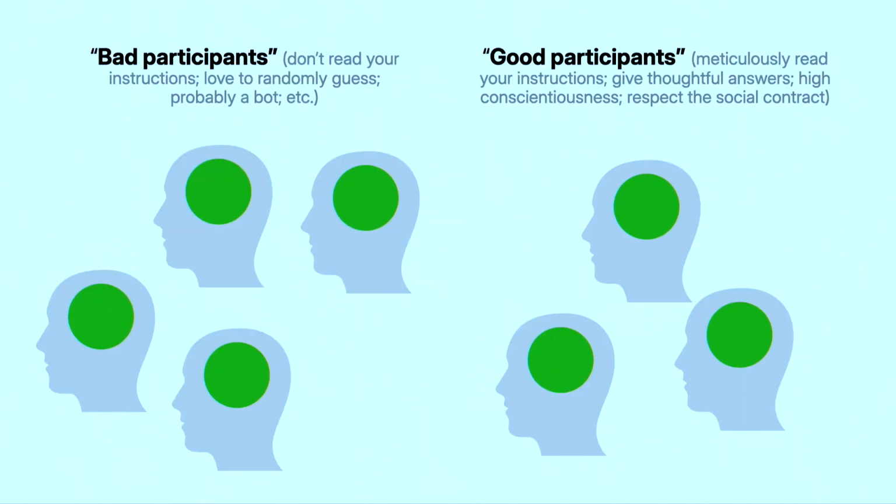It's tempting at this point, when faced with a data quality issue, to blame the participant and dichotomize people into two groups. There are bad participants who don't read your instructions, love to randomly guess, and are probably a robot or an AI or something. And then there are good participants. These are people who will read your instructions, give you thoughtful answers, and really try to do your task as you intend.